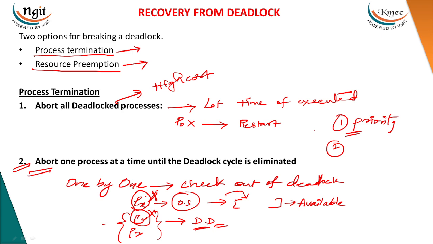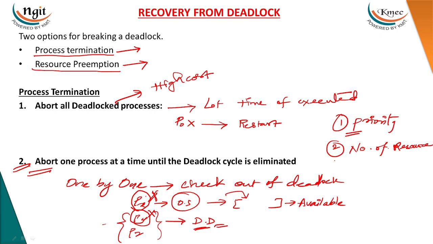Next, how long that process has been executed and how much longer it will execute. We can predict it, but we'll only take how long the process has been executed. Then, how many resources are used by that process and for how long.